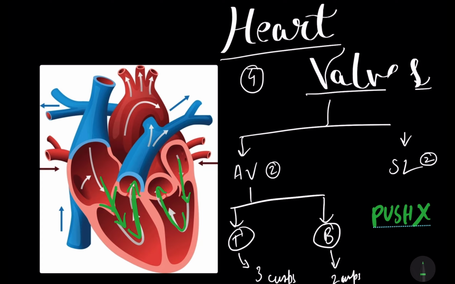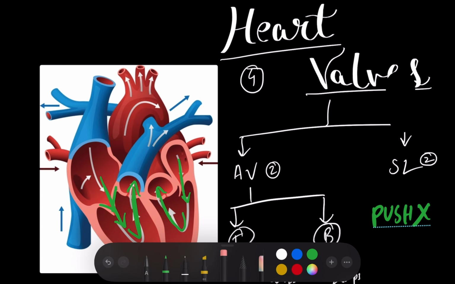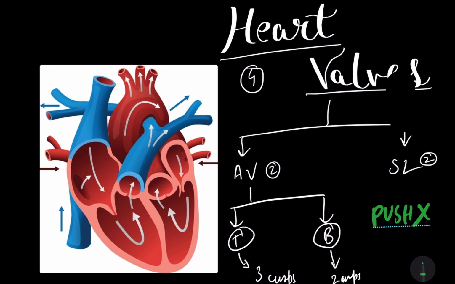So what happens is when the atria and the ventricles contract, the pressure inside the chambers increases. For instance, during ventricular contraction, the pressure inside the ventricles, that is the right ventricle and the left ventricle, increases, and is more compared to the atria.